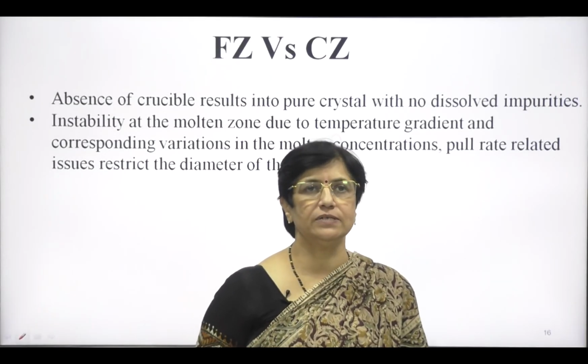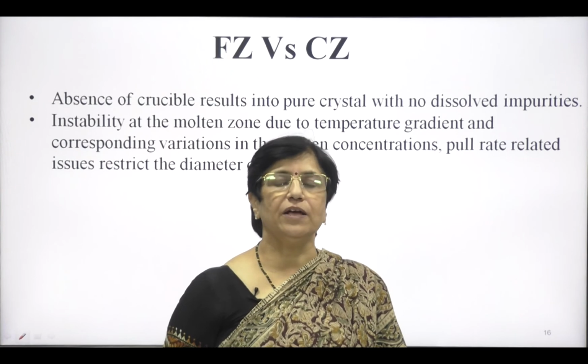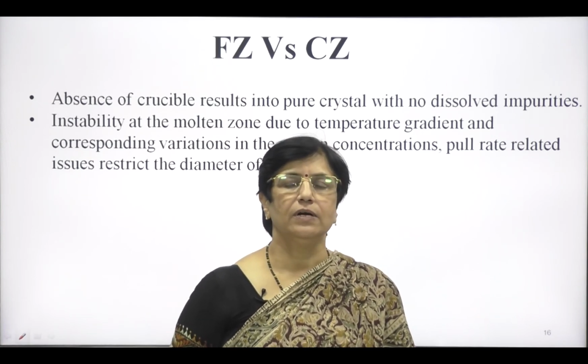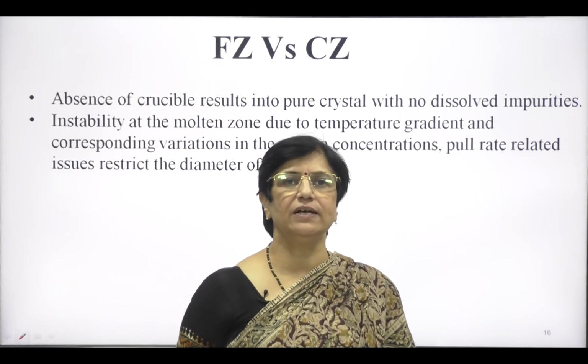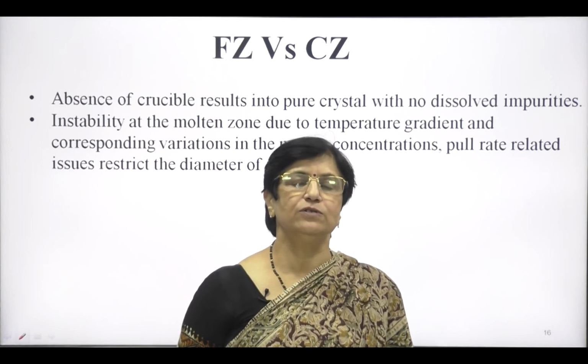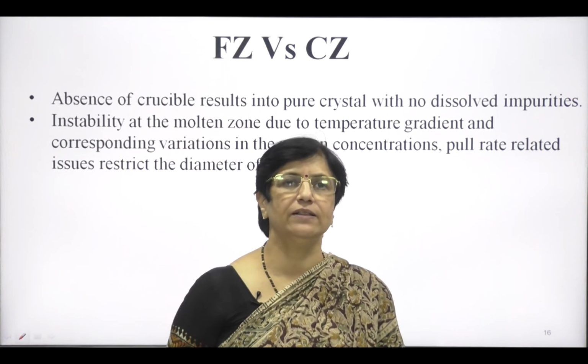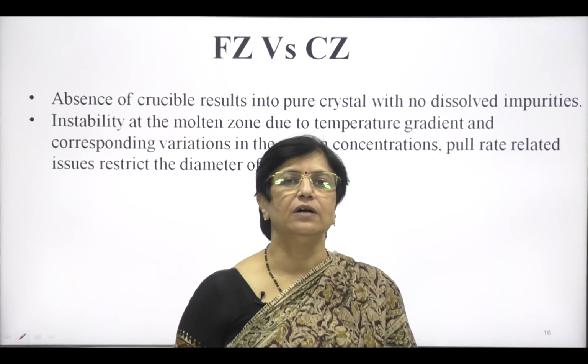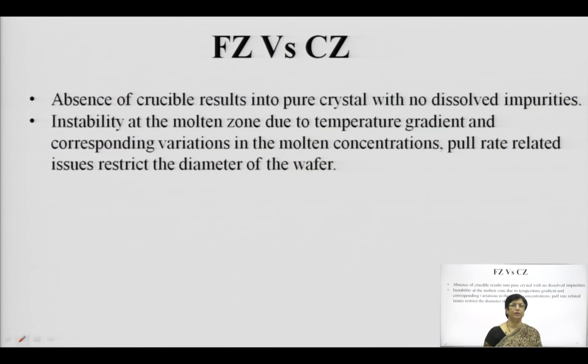The important difference is, again, in the FZ process, as I told you, there is no crucible involved, and therefore the question of impurities dissolving in the molten silicon does not arise, and the temperature gradient and corresponding variations in concentration are not a problem. But there is a lot of precision involved, because there is localized heating, the pull rate and precise control of the seed crystal holding contact area.